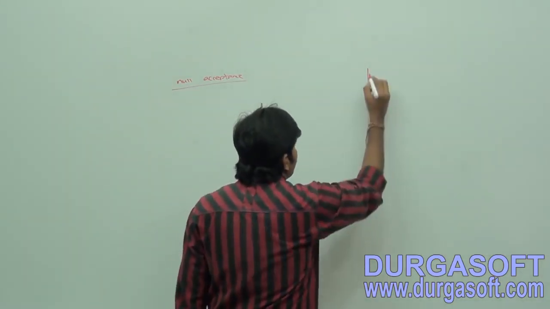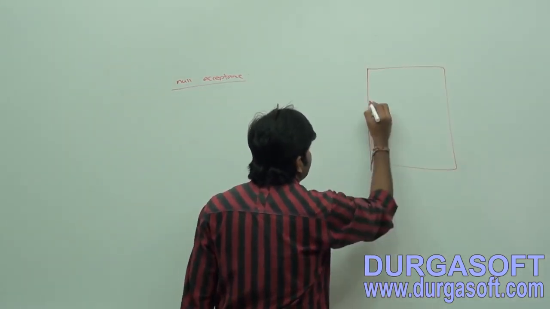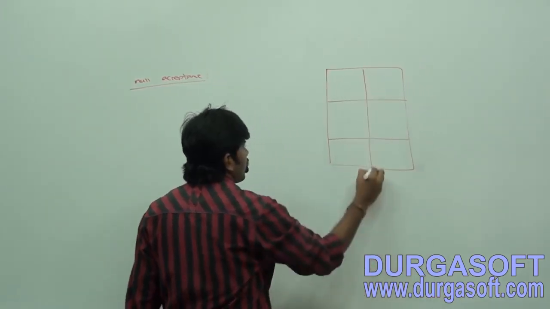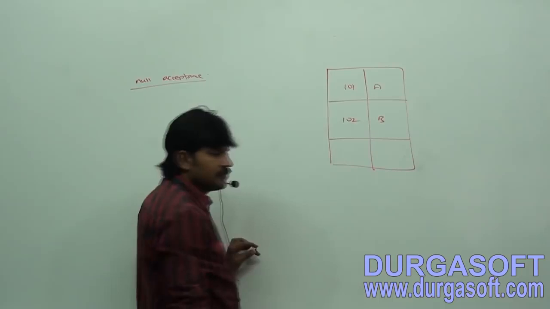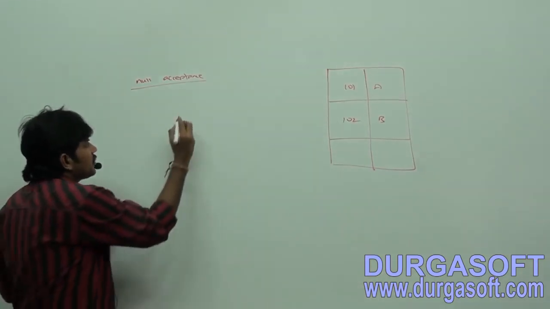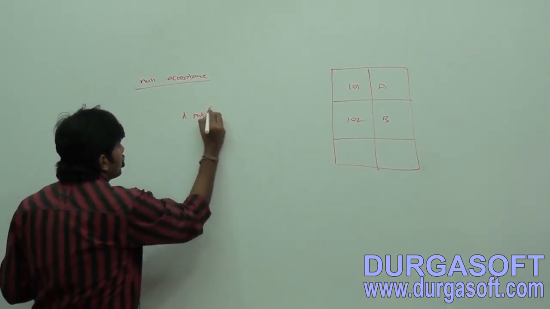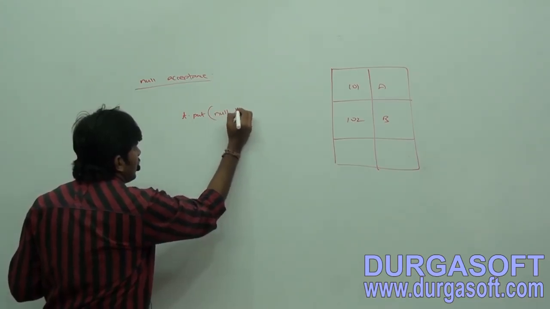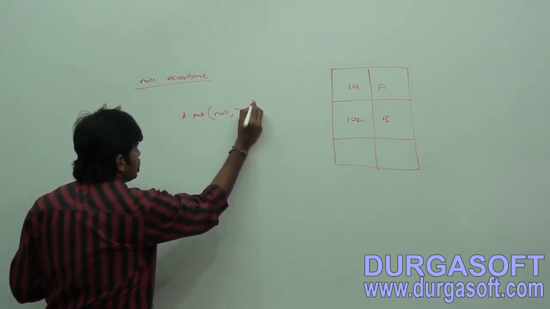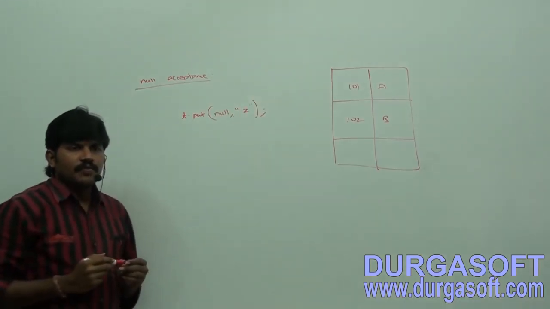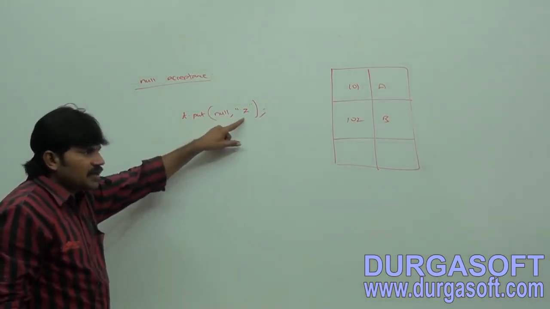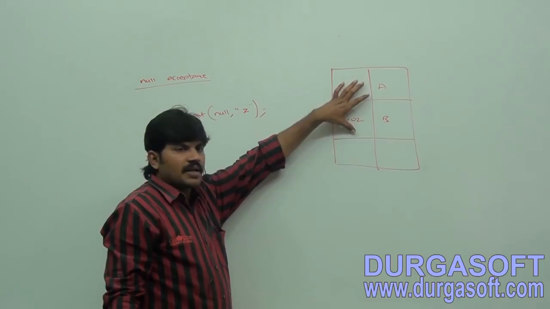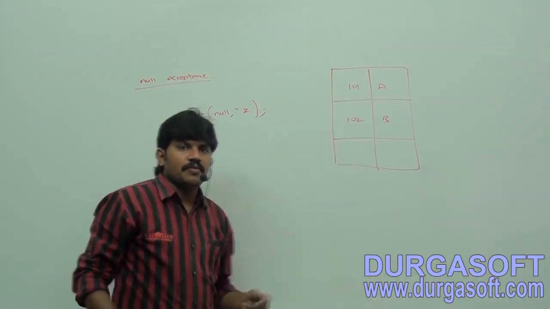Sir, if my TreeMap already contains some key-value pairs, assume that 101 A, 102 B are there. Now I am trying to insert t.put(null, Z). If I am trying to insert an entry with a null key, but the TreeMap already contains some elements, then what will happen?